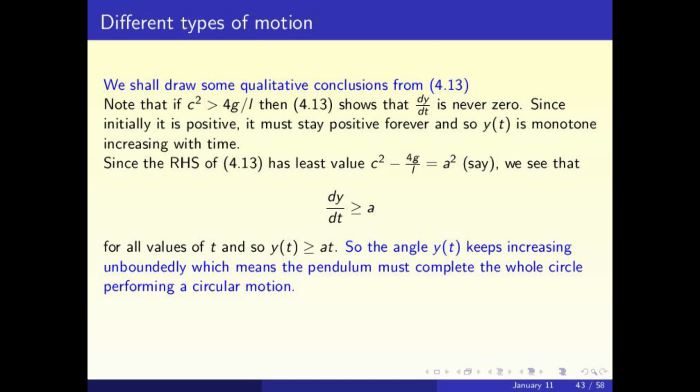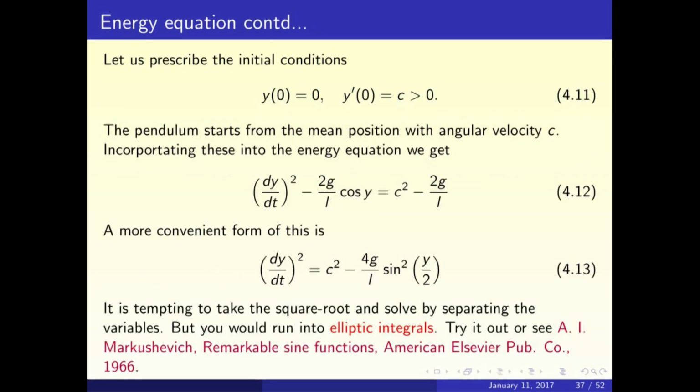Also, let us go back to 4.13. What is the lowest that the right hand side of 4.13 can become? The lowest the right hand side of 4.13 gets to is c squared minus 4g by L. It is least when the sine factor is 1.